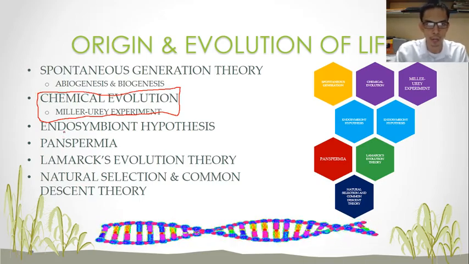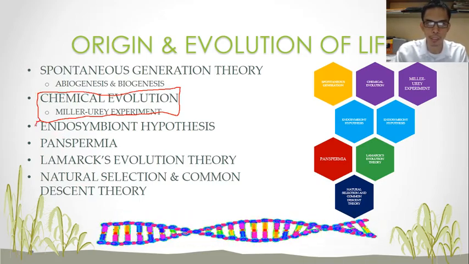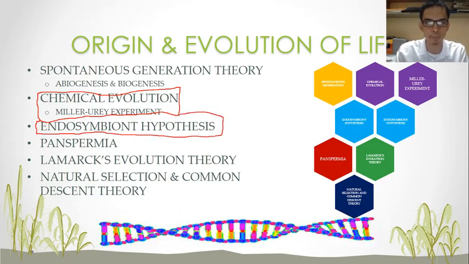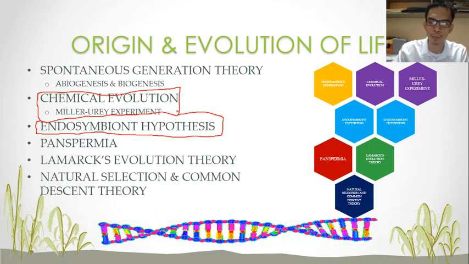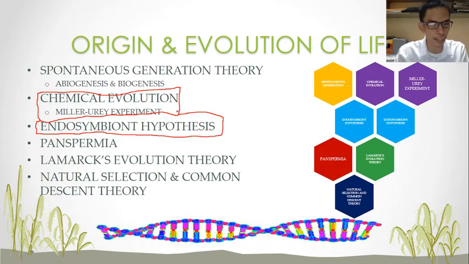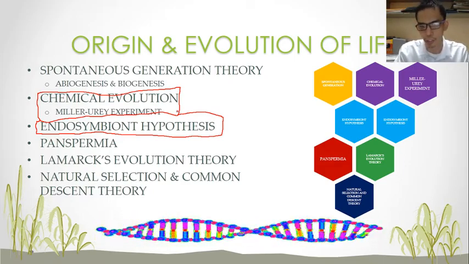Next one, the endosymbiont hypothesis. I will also put a video related to this concept. But I will just give you a preview about the endosymbiont hypothesis. Now, you know that the cell, especially the plant cell, has mitochondria, and at the same time it has chloroplast.